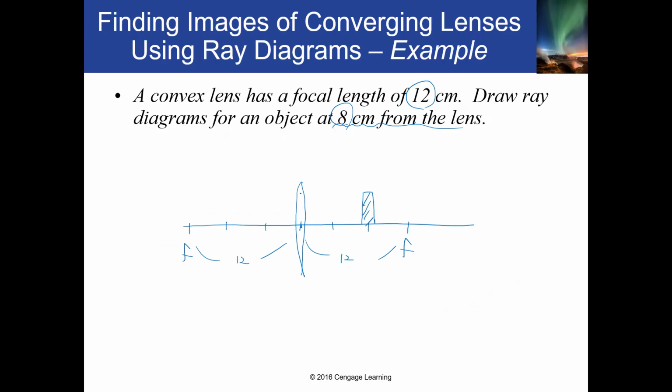Again, the first line is parallel, reflected to the focal point. The second line goes directly to the center. Then you will see these two lines never meet, so you extend your lines here, and this is going to be your image, right?